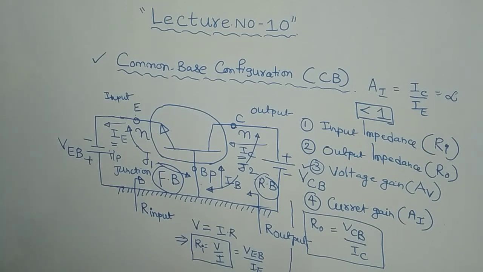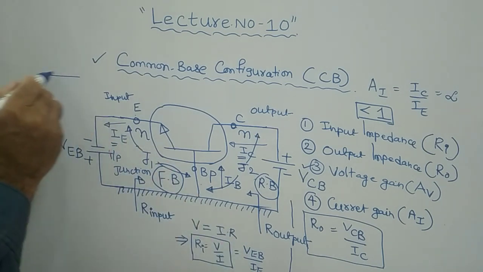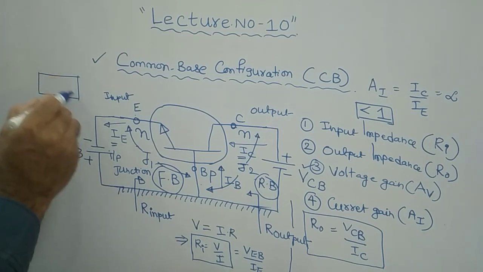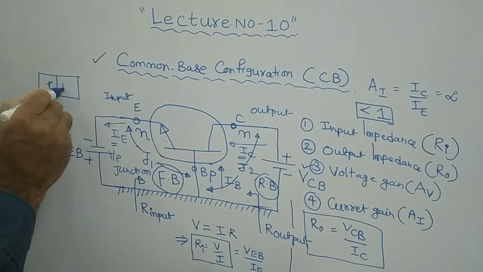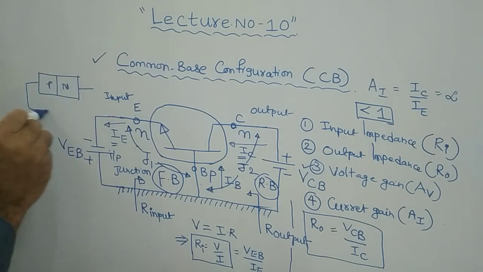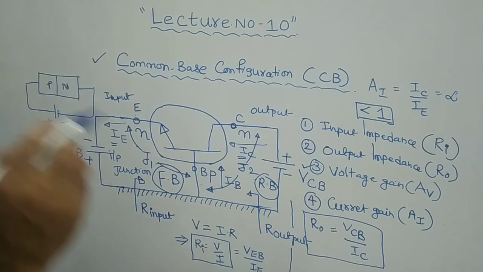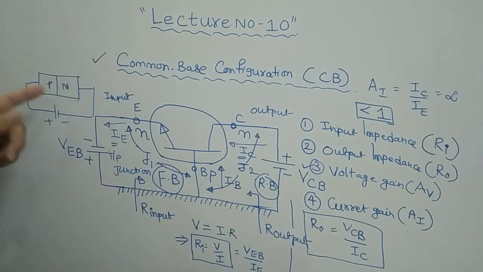If you remember from your diode concept, what is a PN diode? A PN diode is a P-type material and an N-type material, connected with an external battery power supply. Depending on the connection, the diode can be operated in forward bias as well as reverse bias, right?